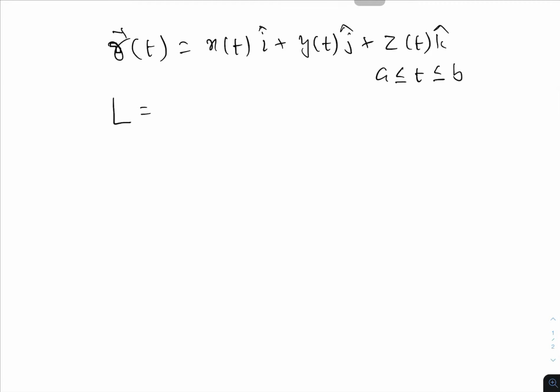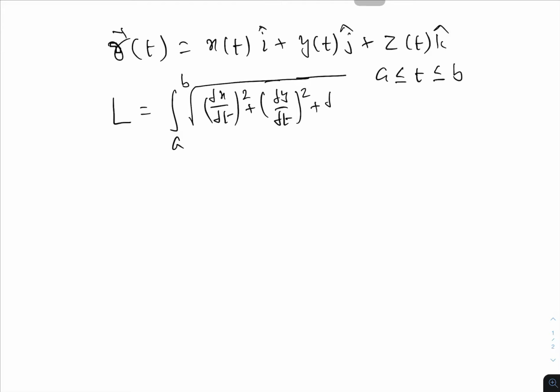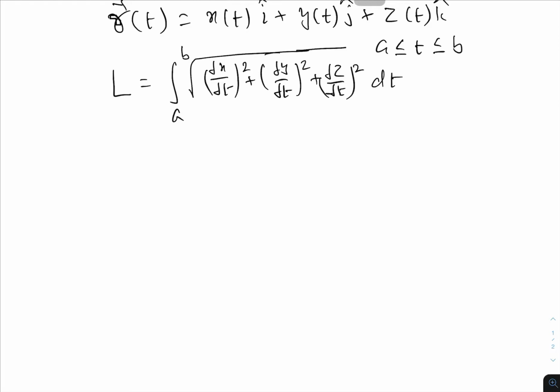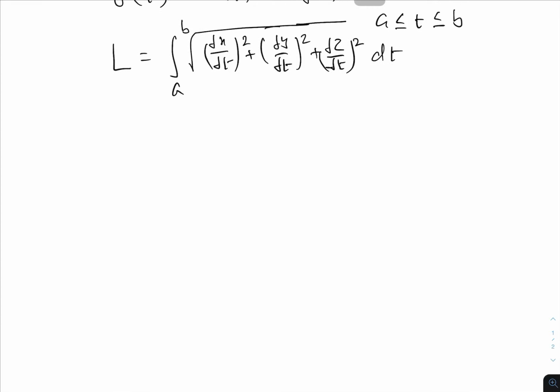So the formula is like this: length is the integral from a to b of the square root of (dx/dt) squared plus (dy/dt) squared plus (dz/dt) squared, integrated with respect to t. So that is the formula to find the arc length of a curve from a to b.